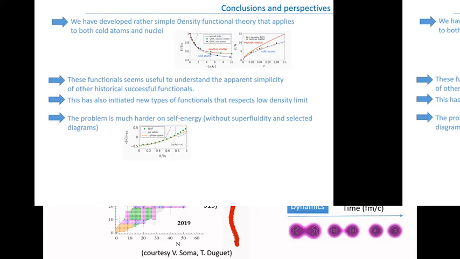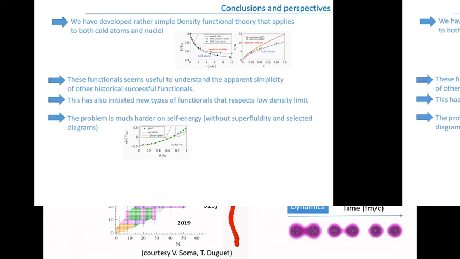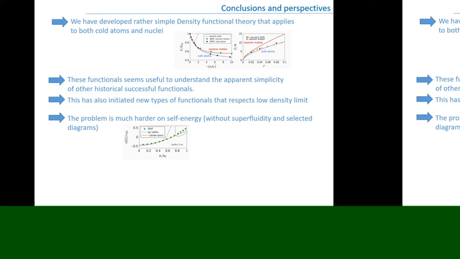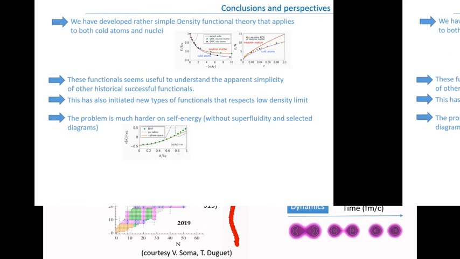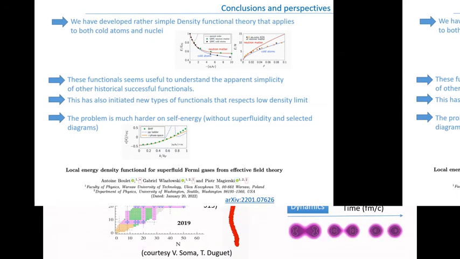The problem is harder on the self energy. So at that stage, this is why I decided to stop working on this, because it was too messy in terms of mathematics. And at the beginning, I said, okay, without superfluidity and the problem of selection of diagrams. And I discussed with Antoine recently, yesterday, and he told me that they solved the problem of superfluidity.